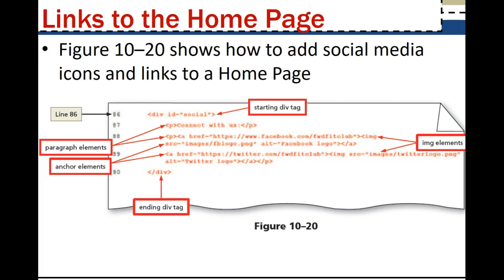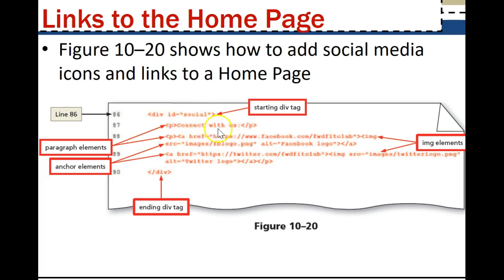This is actually showing you how to add the social media icons to your web page. You can get more practice if you follow on page 478. Follow the steps on how to add the social media here. You can see that you're putting in your div tag, the ID is social.